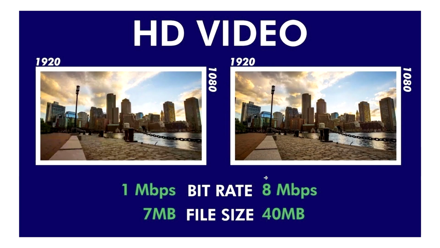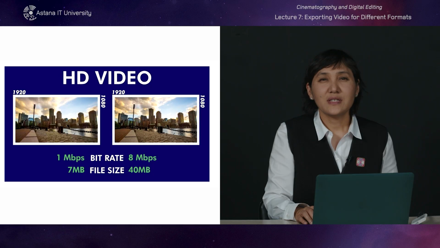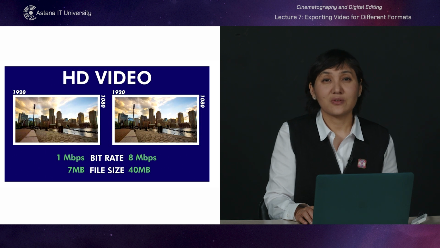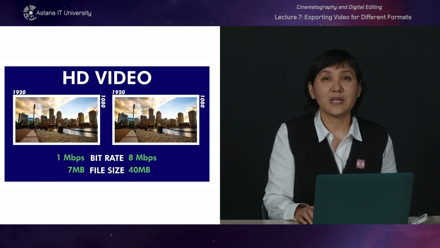The bit rate of your export, which determines the amount of data used per second of video, should also be set appropriately. For a 1080p export, a bitrate between 8-12 megabits per second is recommended to maintain good quality without excessively large file sizes.